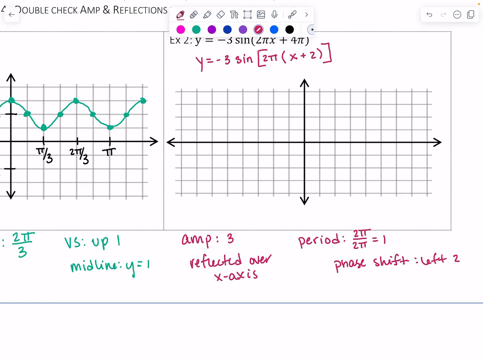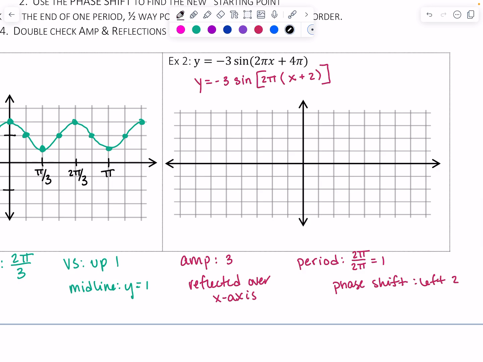All right, so now it's time to scale this graph, and this scale is going to look a little bit different because my period is 1, and again, it's not 1 pi, it's 1. So I need to get through 1 unit. This is going to be a half. This is going to be 1, 1.5. This is going to be 2.